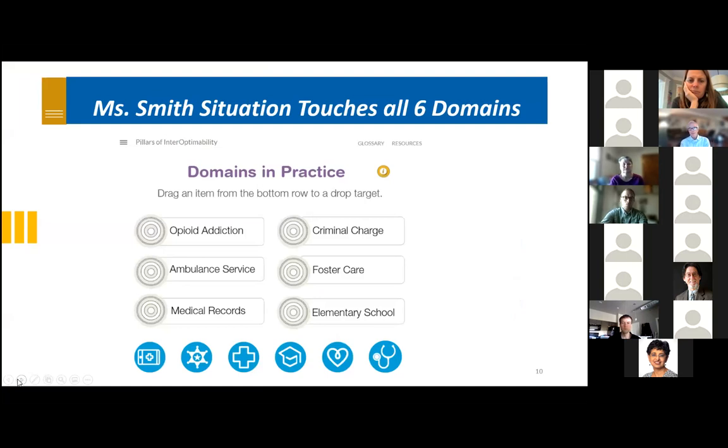In the training, you probably saw this little exercise here with Ms. Smith and her particular situation, opioid situation, car crash, stuff happened. It's simple in its own right, but what it does is really amplify, if you're already aware of it, it's obvious, for folks who are coming into this work, that we're really touching across those different silos.